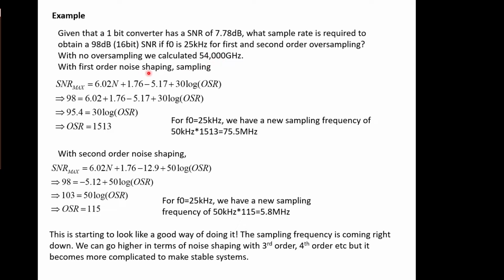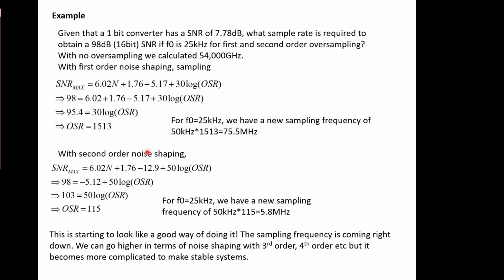If we then put first order noise shaping in place, which we know how to do now with our delays and our little loop and our first order modulator, we can now get this response out of it, which means that to get to a 16-bit resolution of signal to noise, or equivalent of 16-bit, we just need now to have an oversampling ratio of 1513, which has now dropped down from this one to here. So the sampling rate drops from 54,000 to whatever the message bandwidth times 2 times the oversampling rate is now, 75.5 megahertz. Now 75.5 megahertz is getting into the realms of being entirely possible. Sampling at this frequency is not impossible.